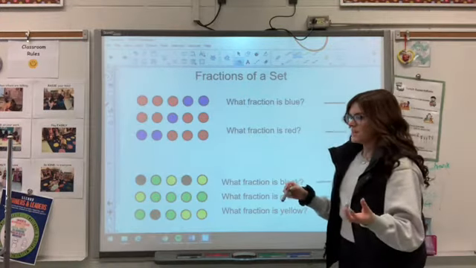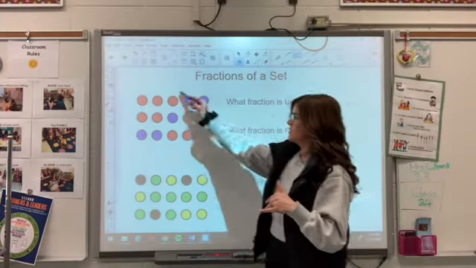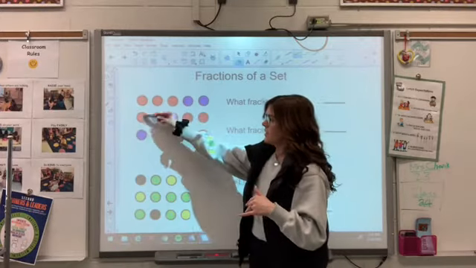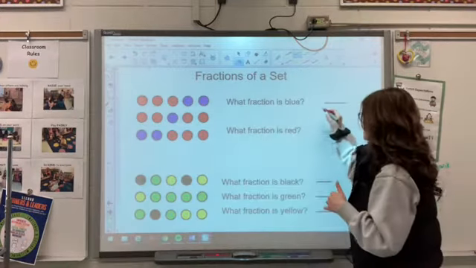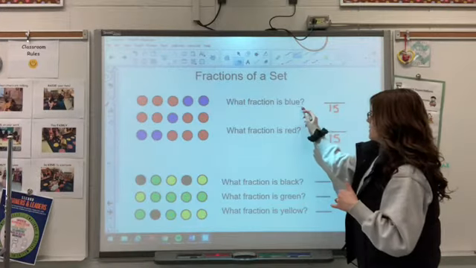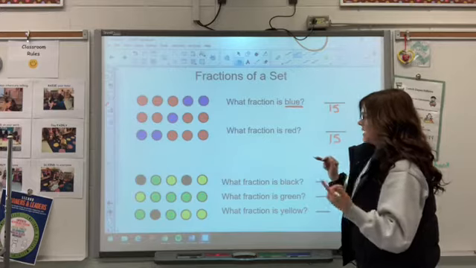So first, I need to figure out what my denominator is, my bottom number, and that's how many pieces are part of the set. So I have 3, 6, 9, 12, 15. So 15 is going to be my bottom number, my denominator for both. My first question is, what fraction is blue? So I need to count my numerator.